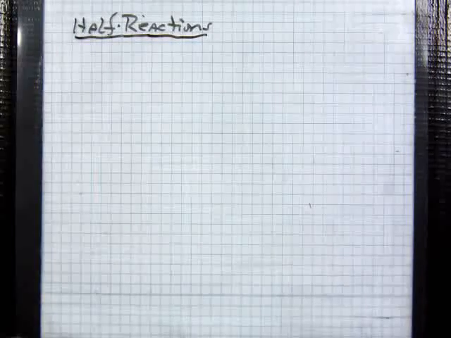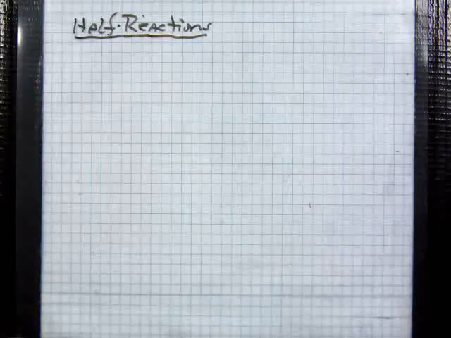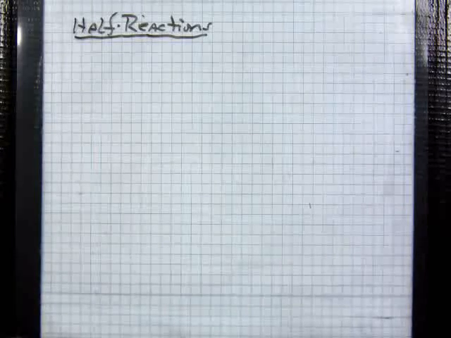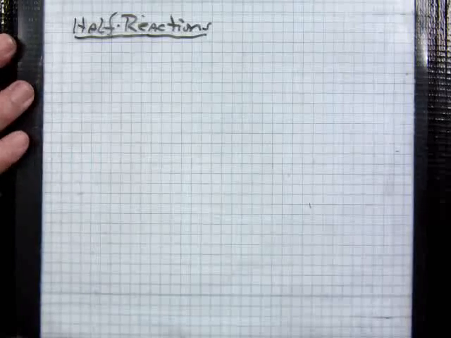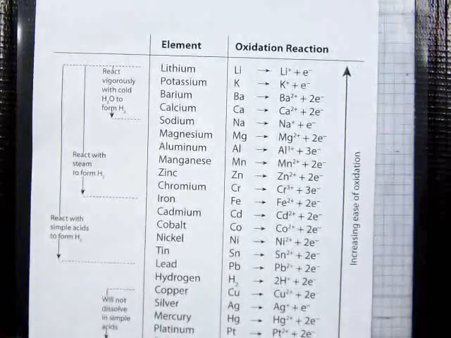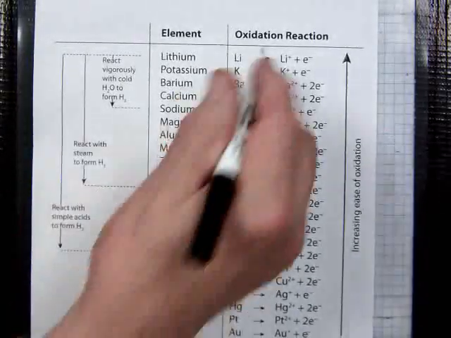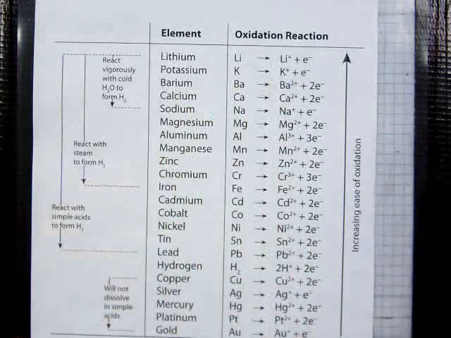Half reactions can be illustrated with the electron, either an oxidation reaction or a reduction reaction. That's why they're called half reactions, because it's not all of the oxidation reduction process. It only shows either the oxidation or only the reduction process. When you look at the activity series that I've given you in the handout, everything in this is shown as an oxidation reaction.